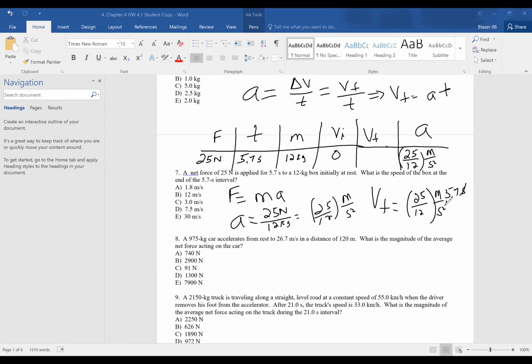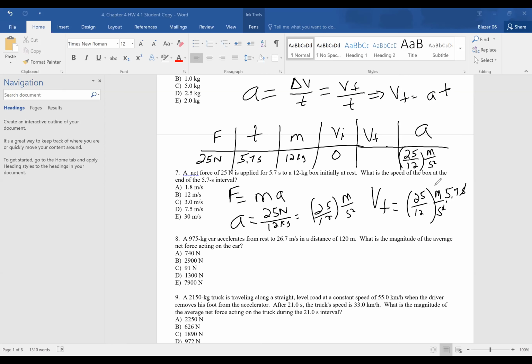One of those seconds will cancel out one of the seconds squared. Now in my calculator, I'm going to take 25 divided by 12 to get that answer and multiply it by 5.7. So which one of these is my answer?